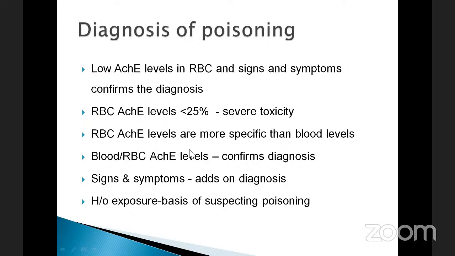These RBC levels are more specific than blood levels, and these levels will confirm the diagnosis, whereas the signs and symptoms add to the diagnosis, and exposure history taking can help even more.